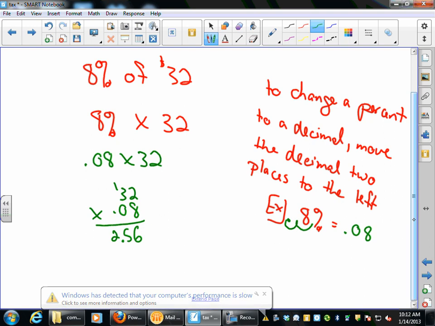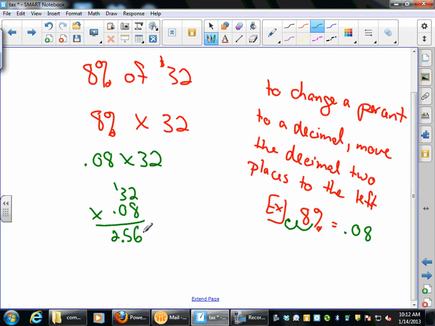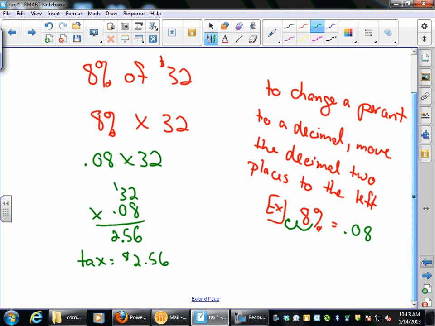Now, I also need to remember this is an amount of money. So what I just did is found that the tax equals $2.56. Okay? You just multiply the percentage by the price, change percent to a decimal. When you multiply, that answer is your tax in money. Now, this question also asked me to find the final cost of the shirt.